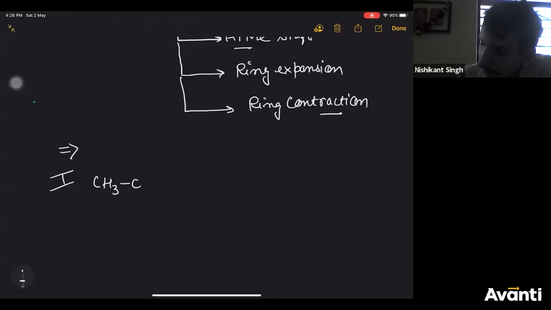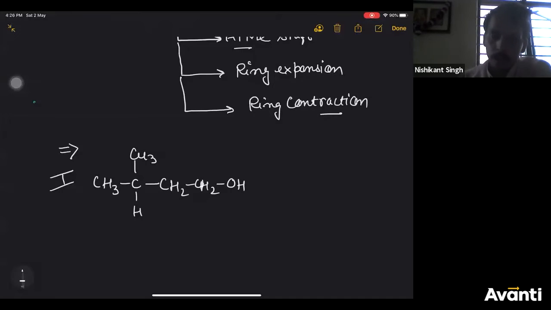CH3, CH3, H. Then you can take CH2, CH2, OH here. Let's say this is your alcohol. If this is your alcohol, then you treat it with concentrated H2SO4.